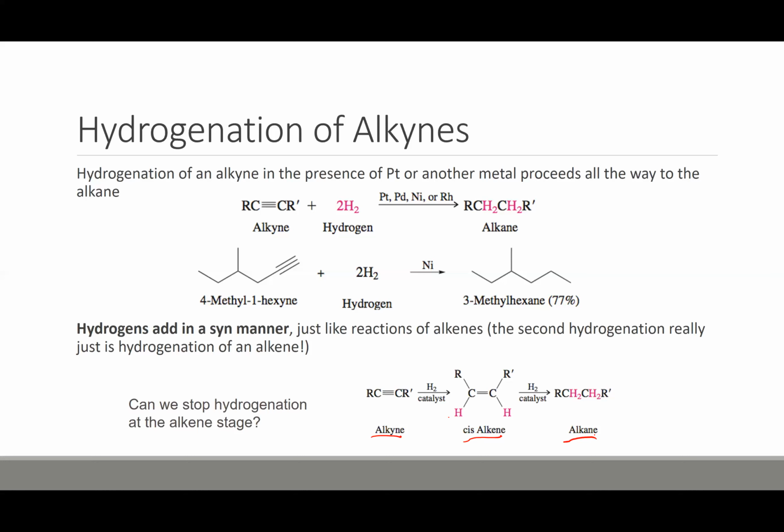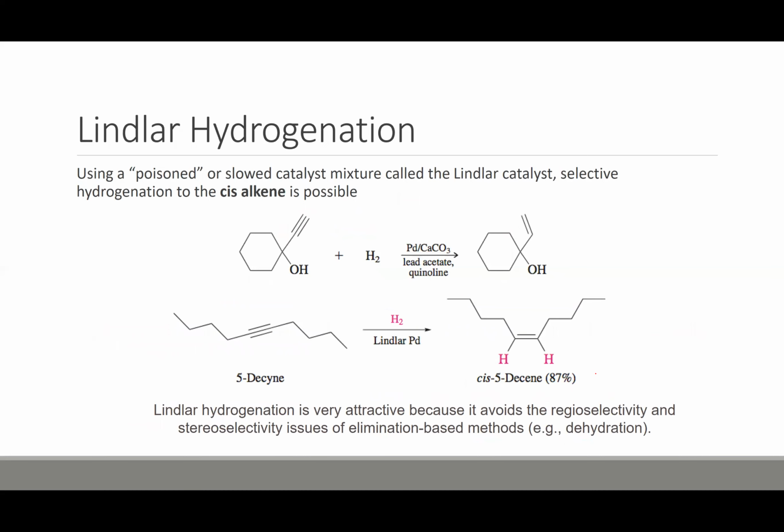So what if we want it to stop at a double bond? What if we want that double bond and not the single bond? How do we stop it at the alkene stage? Well, you do a special kind of hydrogenation called a Lindlar hydrogenation. This is using what's called a poisoned catalyst. It's a slowed catalyst, so it doesn't act as fast, and it allows for selective hydrogenation.